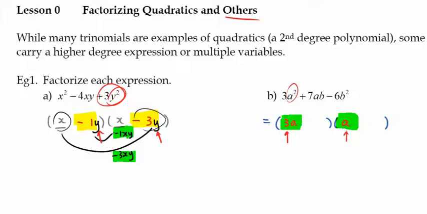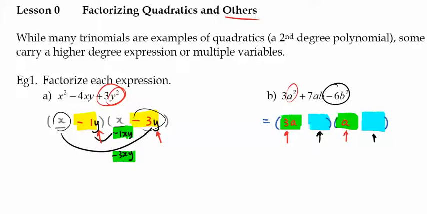We are not too sure about the outside and the inside, but when it comes to the last of your FOIL, these two terms multiplied together should give us negative 6b squared. What are the possible choices? 2 and 3, 1 and 6, or in this case, it will be 2b, 3b, or 1b, 6b.